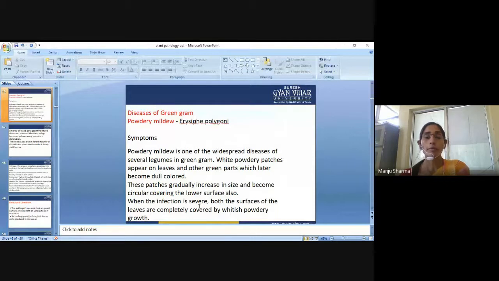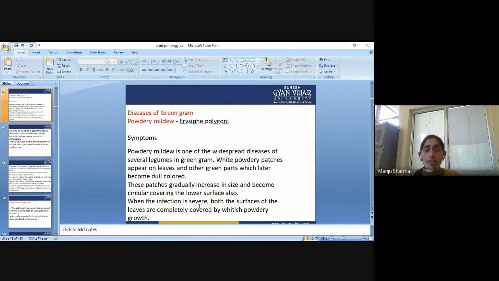Symptoms: powdery mildew is one of the widespread diseases of several legumes. In green gram, white powder patches appear on leaves and other green parts, which later become dull colored. These patches gradually increase in size and become circular, covering the lower surface also.